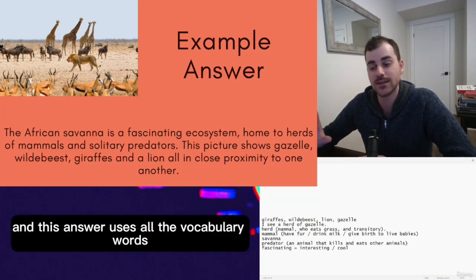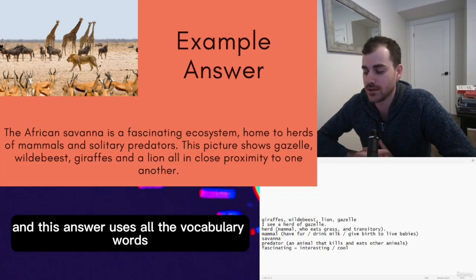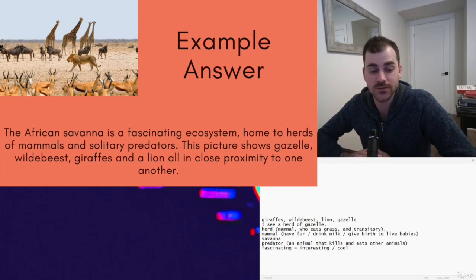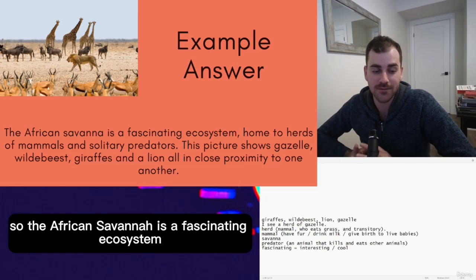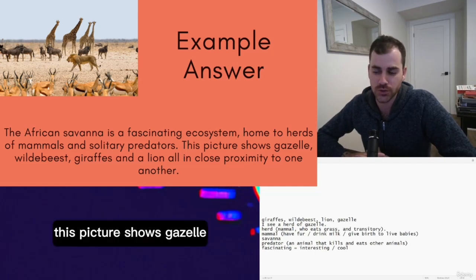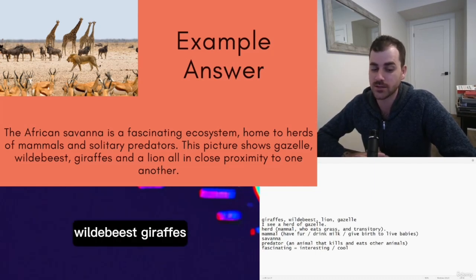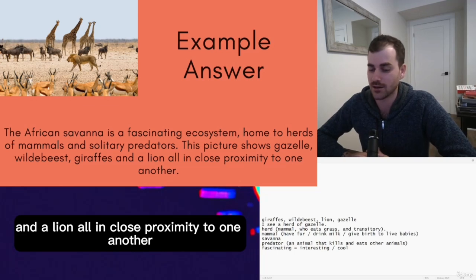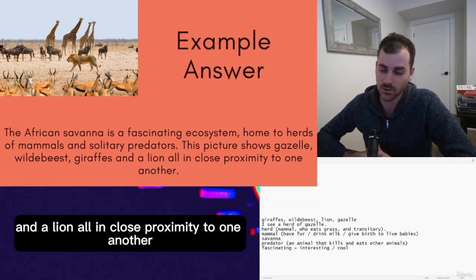And this answer uses all the vocabulary words. So, the African savanna is a fascinating ecosystem, home to herds of mammals and solitary predators. This picture shows gazelle, wildebeest, giraffes, and a lion, all in close proximity to one another.